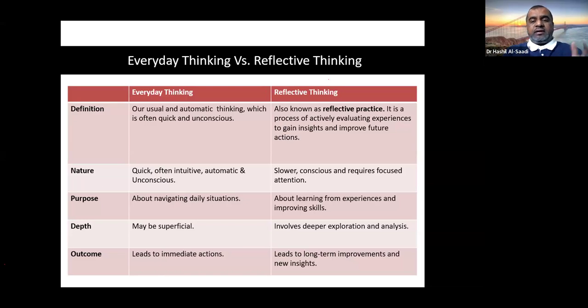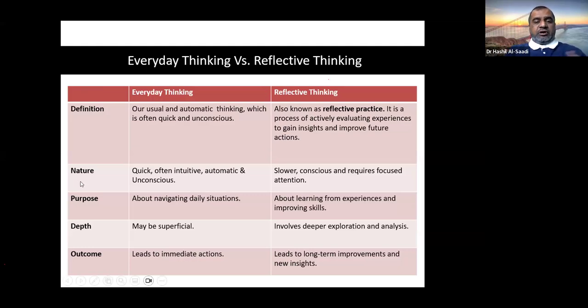But on the other hand, reflective thinking, also known as reflective practice, is a process of actively evaluating experiences. You can see now that we are more serious, we are more conscious here, we are evaluating our experiences in order to gain insights and improve our future action. So you see the scope is different here. I'll give you an example in a minute.